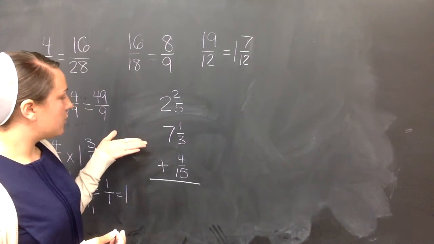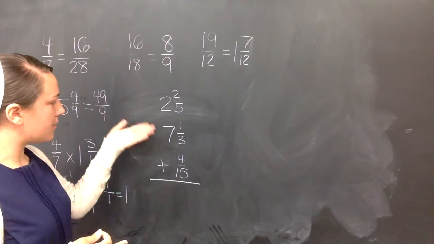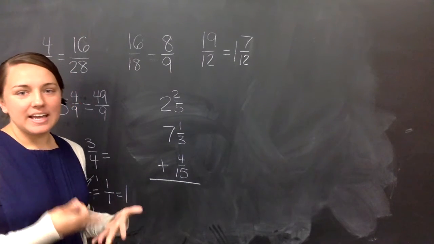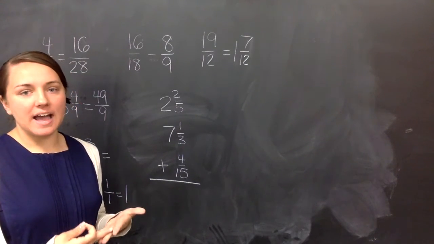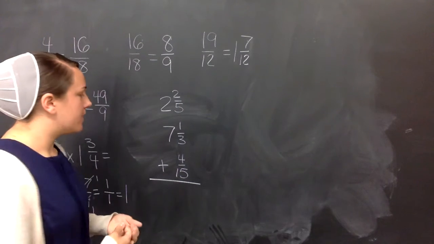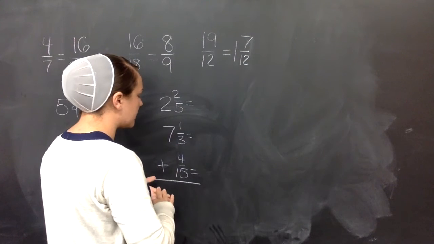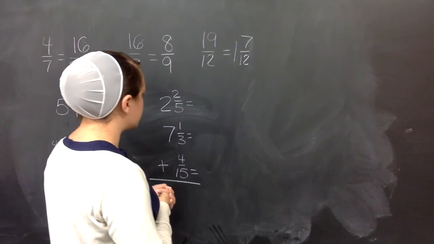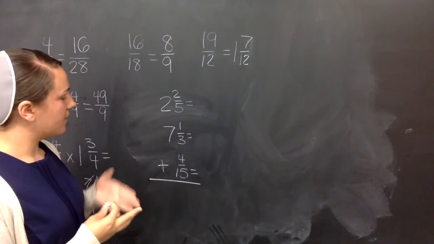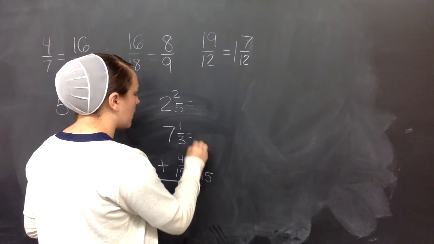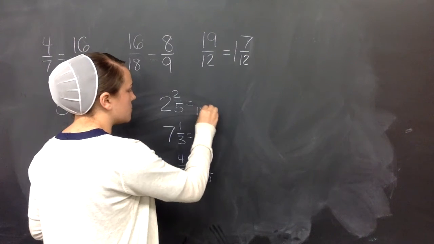Now we have a couple mixed numbers and a fraction that we would like to add. But before we can add and subtract fractions, we have to have denominators that are the same. So to do that, let's find the least common denominator, which would be 15, because that's the smallest number that all of our denominators can go into.